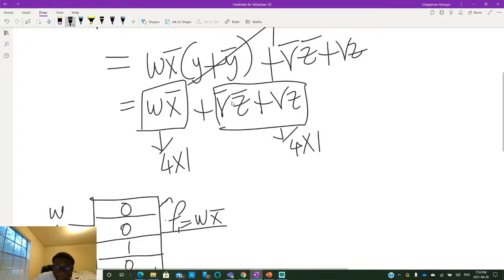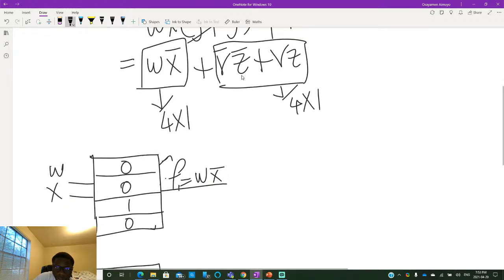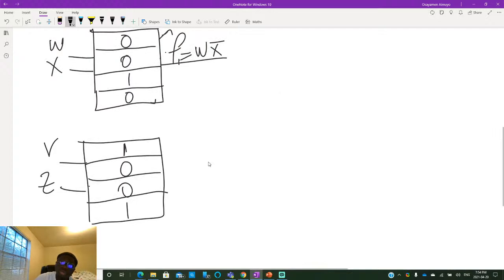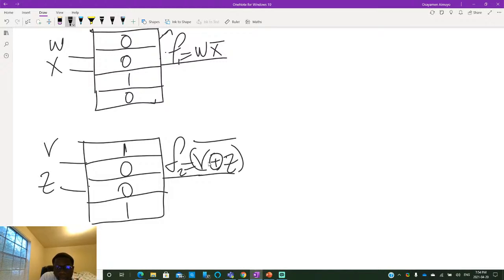Basically this is minterm 0, this is minterm 1. This is an XNOR function, if I'm not mistaken. So you can implement that as a ROM as well. And we have F2, which equals V XNOR Z, and just put a bar.